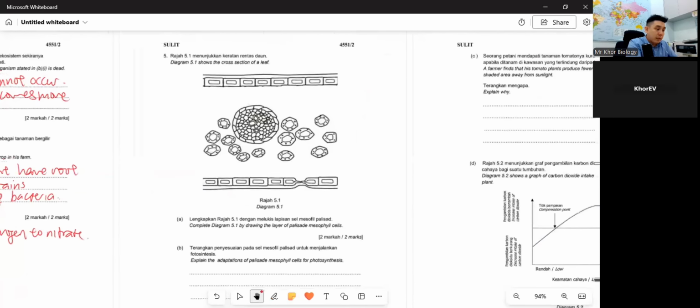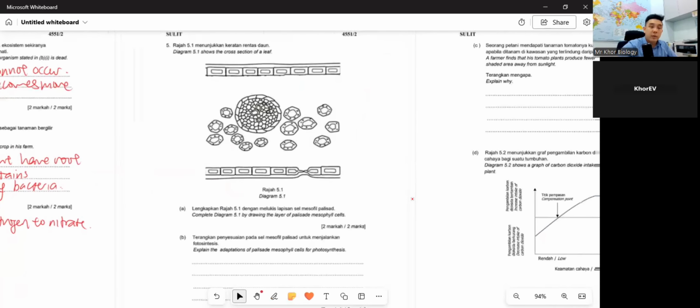Okay, next question 5. Guys, what is this? I think this is the leaf. Okay, this is the weirdest leaf. Oh, all right. They want us to draw. No wonder. Okay, so because this is the leaf, we are talking about Form 5, Chapter 2, adaptation of leaf for photosynthesis, which came out in SPM 2024.